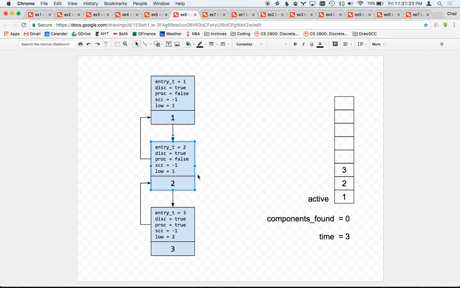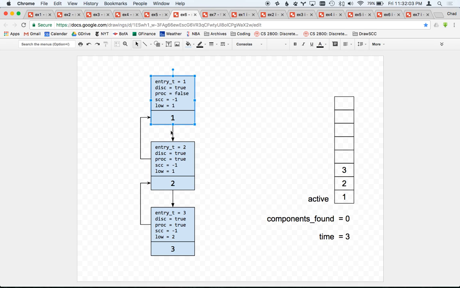No, it's not, which means we leave vertex 2 on the active stack. We don't find a component, but we do give its parent, if necessary, the benefit of this low vertex that can be reached from vertex 2. And of course they are equal, so we don't need to update anything, which means we return to vertex 1 and mark vertex 2 as processed.